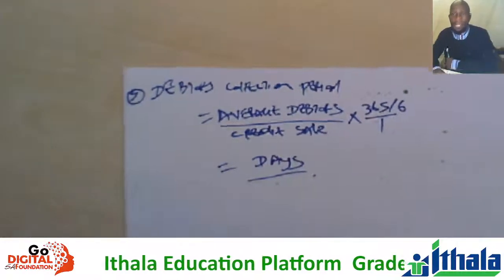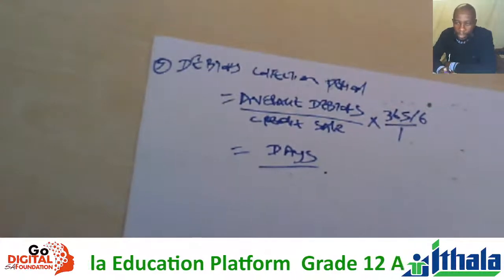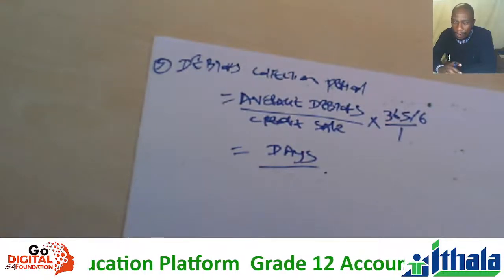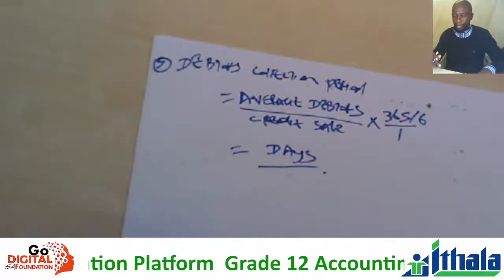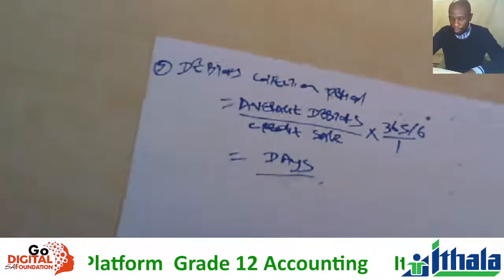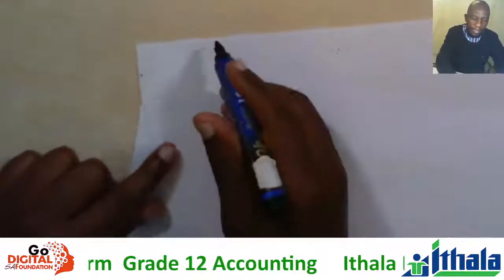So the answer is something days. Remember, sometimes credit sales, grade 12, you won't be given like that as credit sales. Maybe you'll be given cash sales with a split. They will give an extract of the income statement.